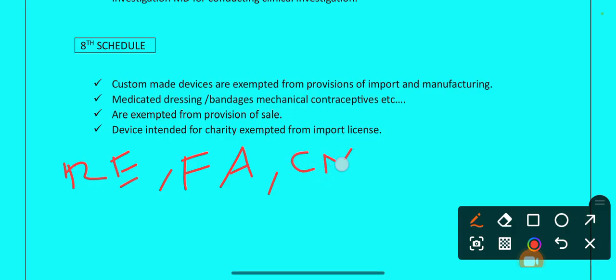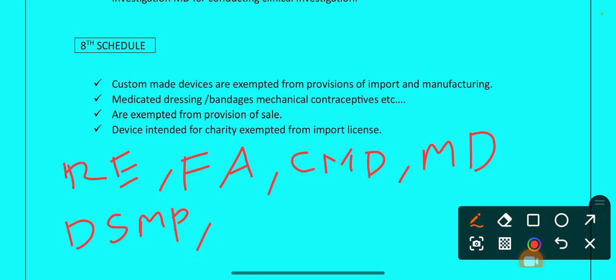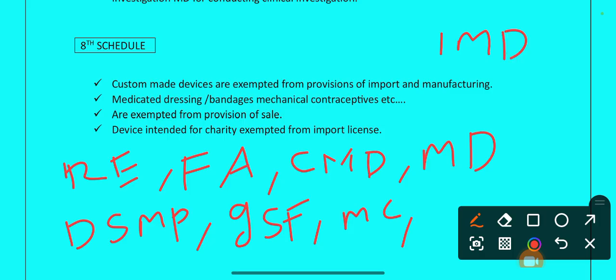Custom made devices, medicated dressings, devices supplied by a medical practitioner and a government supported facility, and mechanical contraceptives. Next, imported donated devices.